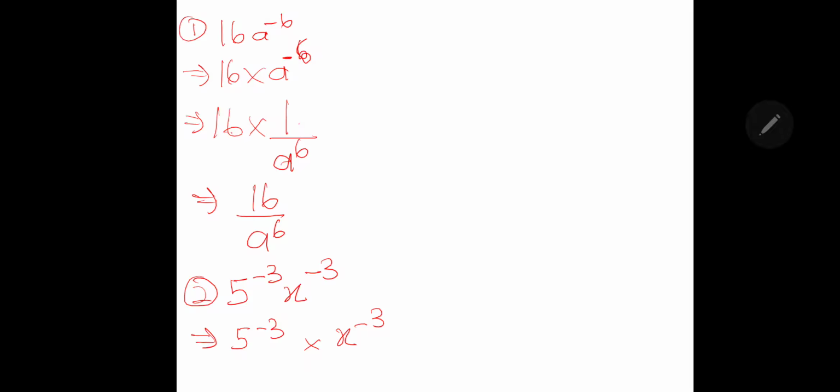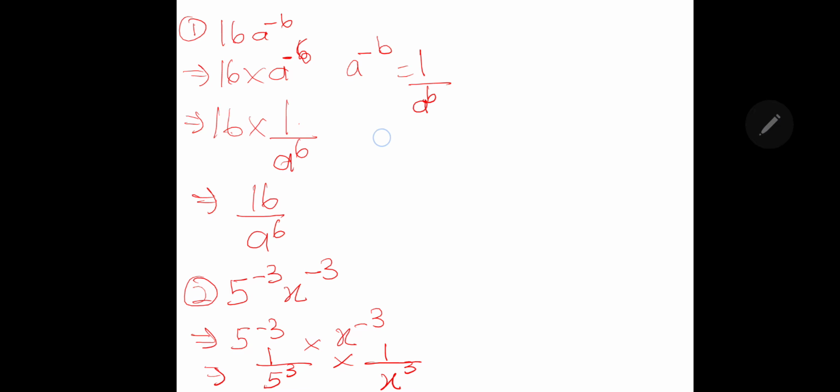Good. So what do we have? You write 1, and then you flip it, and then it becomes positive. Times you write another 1, flip the x, and here it becomes positive. So I told you, if you have a to the power negative b, just write 1, flip it, and then it becomes positive. That's what I've done here.